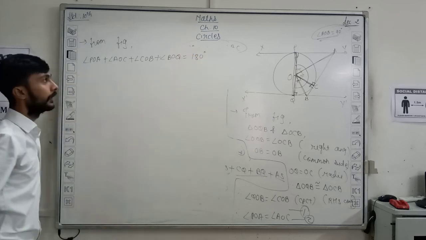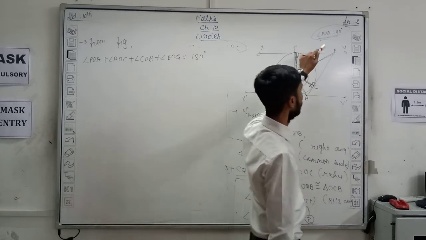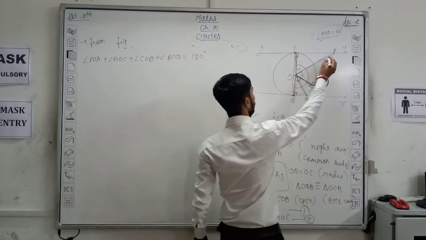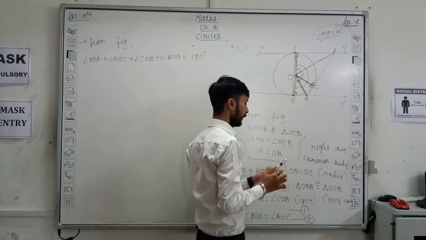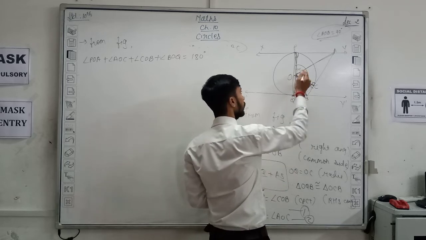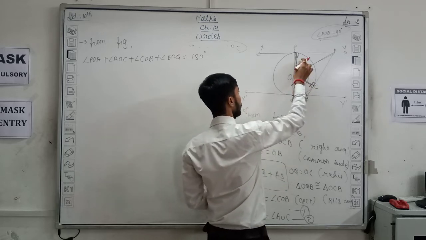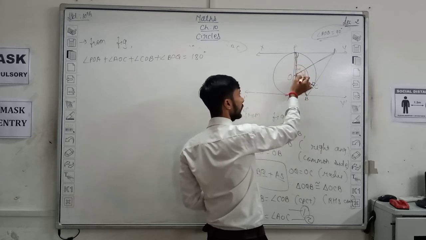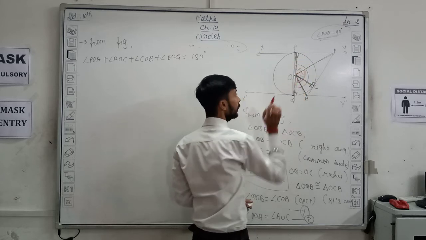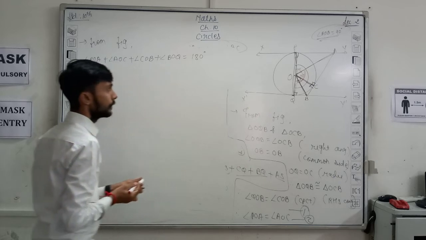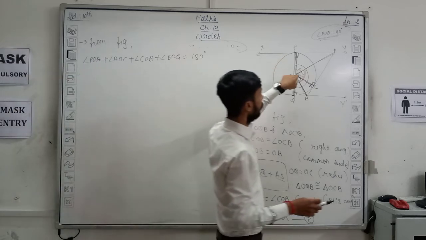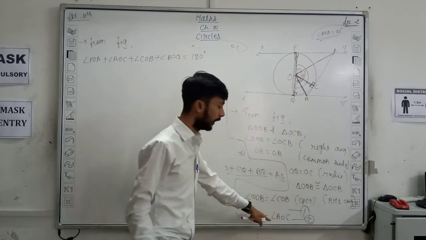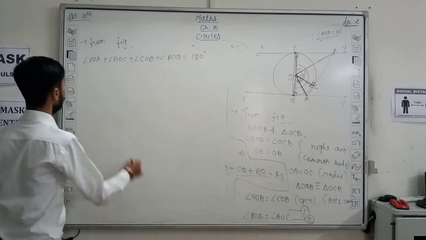Then, but we need only AOB, and you can see AOB contains only these two angles, so other than that, what will we do, we will replace this with this and that with that, okay. So first in place of POA we put AOC from 2.